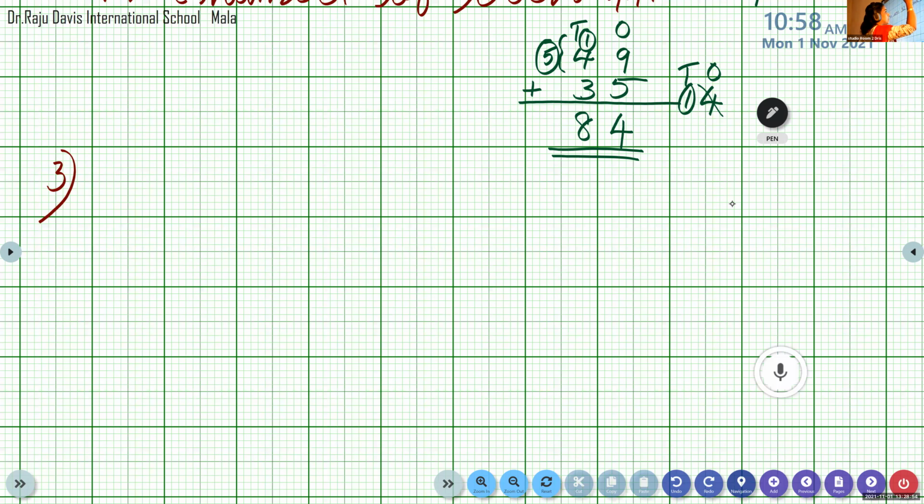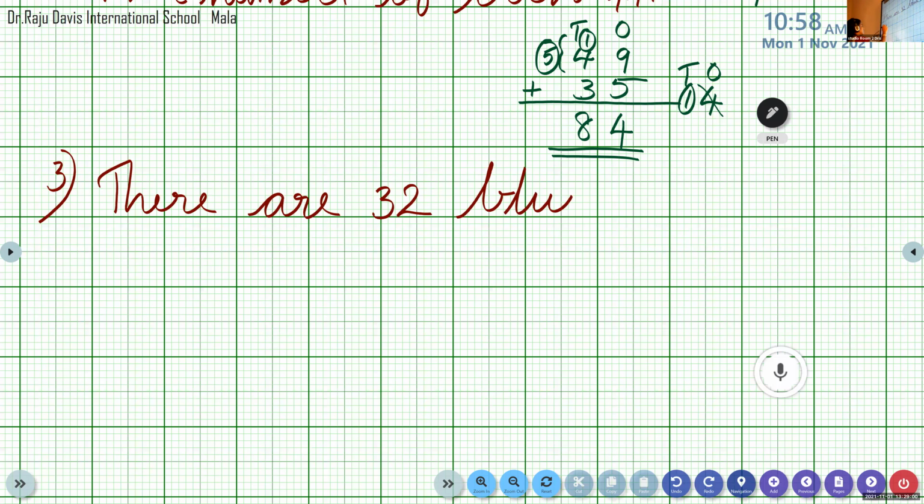So what do you understand here? It is telling about bags, isn't it? 32 blue bags and... Ma'am, new page. Okay, you can take, if space is there, you can continue, my dear. And 47 black bags.